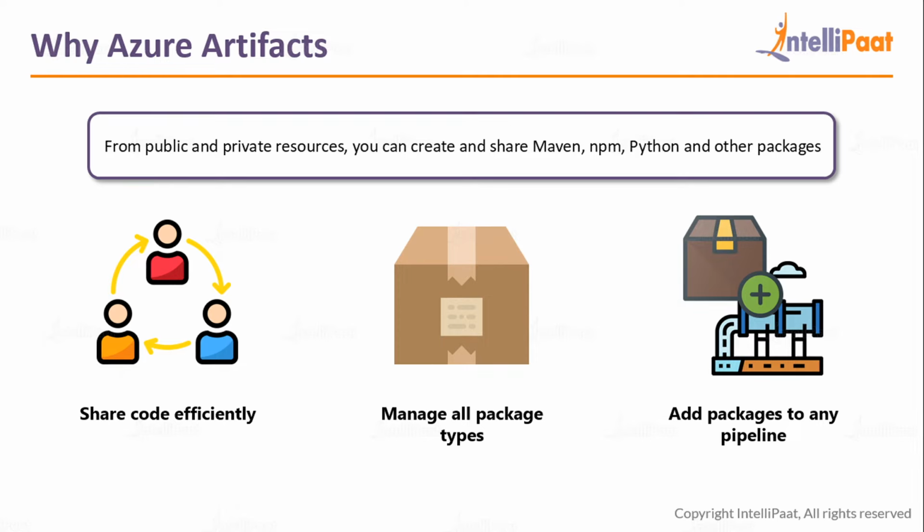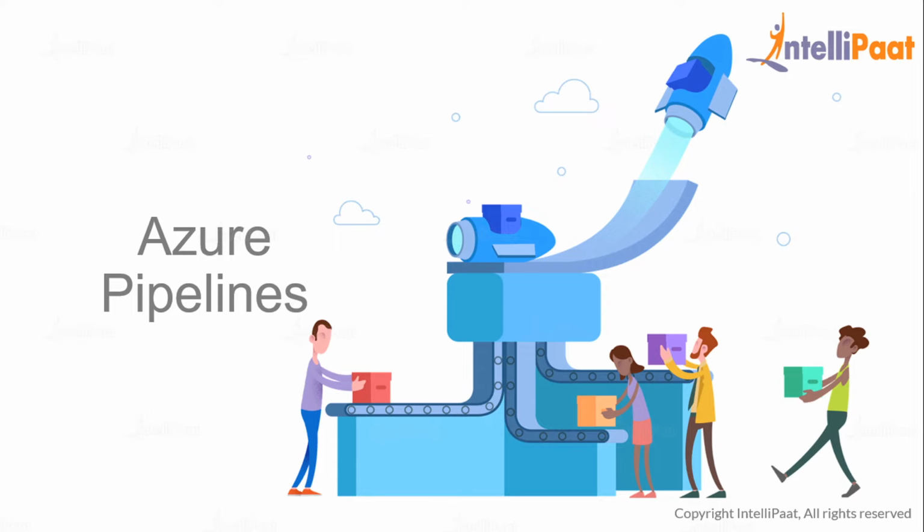So for that, you can create an artifact where you have all the packages. When you put all the packages in artifacts, you can know which packages are most commonly used, and you can make that package the common package throughout the entire software lifecycle. So there is no inconsistency in coding.